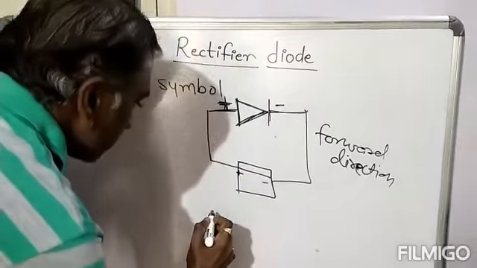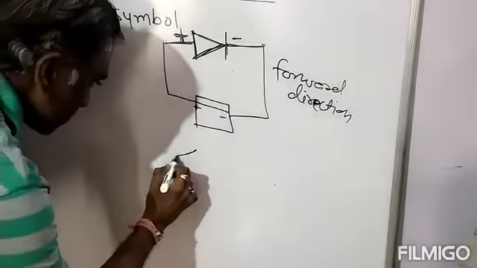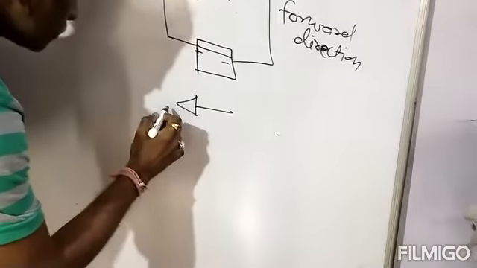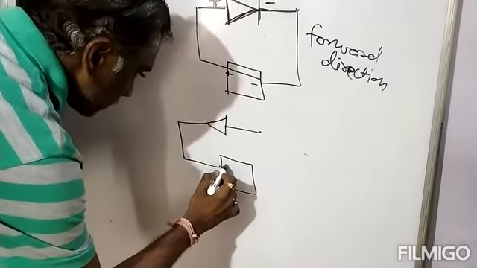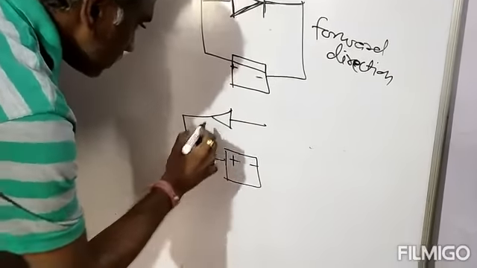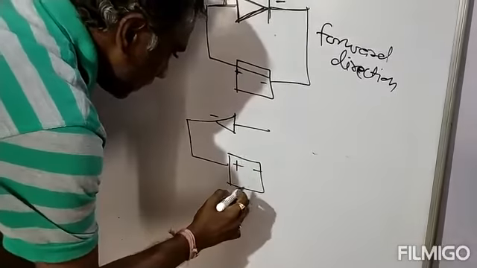And whenever we connect the diode just opposite to the direction, the polarity of the multimeter will be the same.